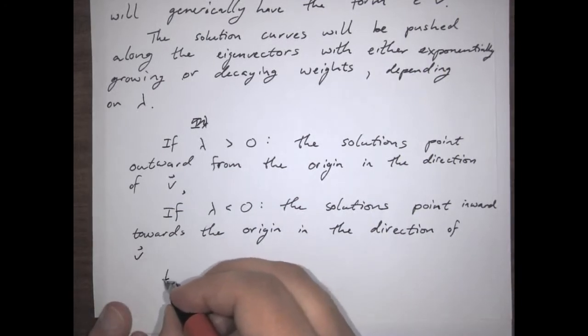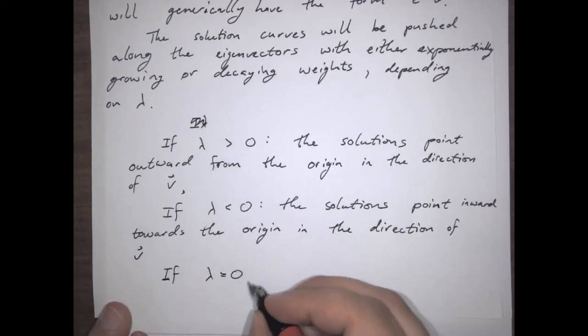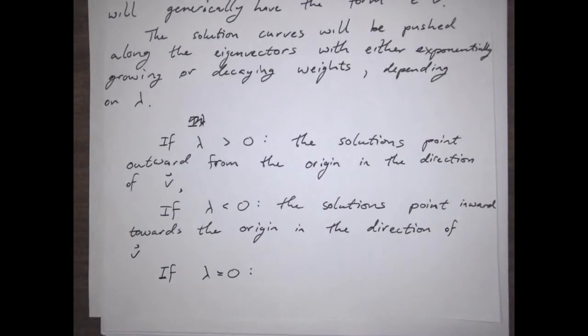And if lambda equals 0, then what we end up with is a case where the weights are not actually changing, and so paths will just be following in the direction of v, but not ever more so or ever less so.